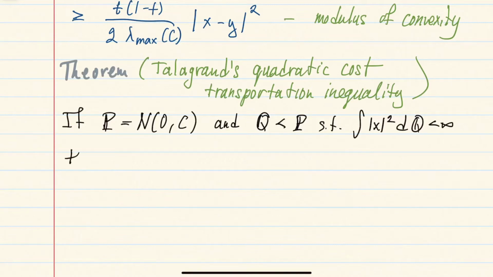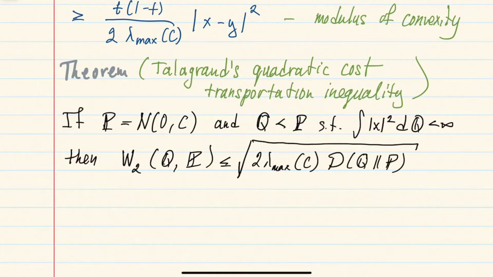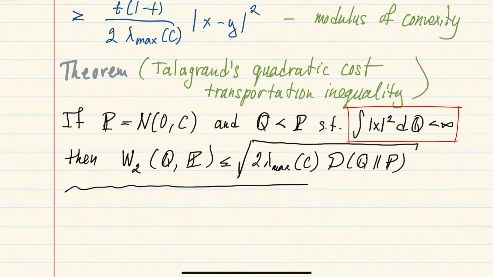then we will show that the Wasserstein distance W2 between Q and P is bounded by the square root of 2 times the largest eigenvalue of the covariance matrix times the Kullback-Leibler divergence between Q and P. The assumption that the norm squared is integrable with respect to Q is the same assumption that we required in the definition of the Wasserstein metric W2.